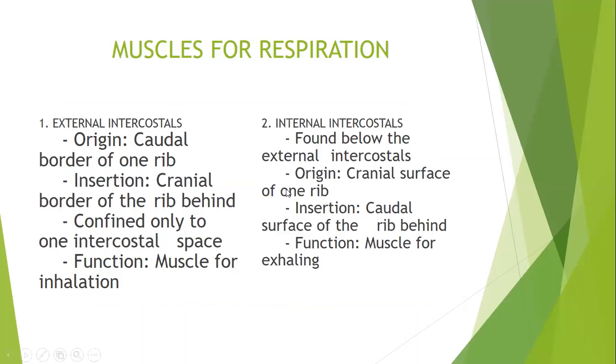When you say internal intercostals, these are found below the external intercostals. Their origin is the cranial surface of one rib, and they're inserted into the caudal surface of the rib behind. This is the muscle for exhaling.